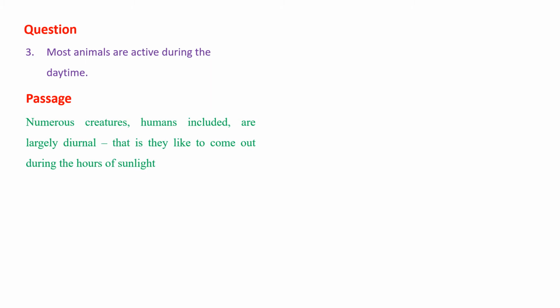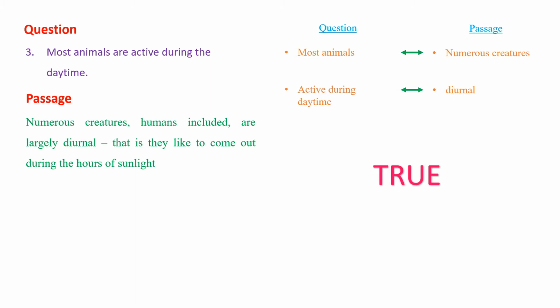Here are the keywords. The phrase numerous creatures in the passage has been paraphrased as most animals, and the word diurnal has been paraphrased as active during daytime. Diurnal means during the daytime. So, though the question is paraphrased, it means the same. Hence, the answer for this question is to be marked as true.